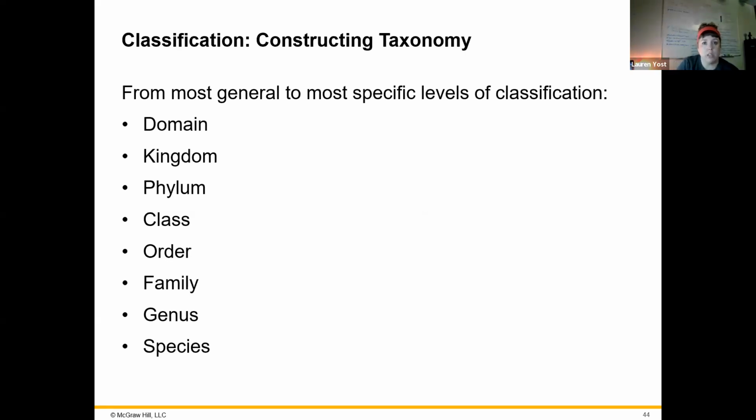You do need to know these, and you do need to know them in order. This is the most general, the domain, and this is the most specific, the species. Domain, kingdom, phylum, class, order, family, genus, species. Whatever you need to do, make an anagram, whatever helps you memorize that, know them in order.